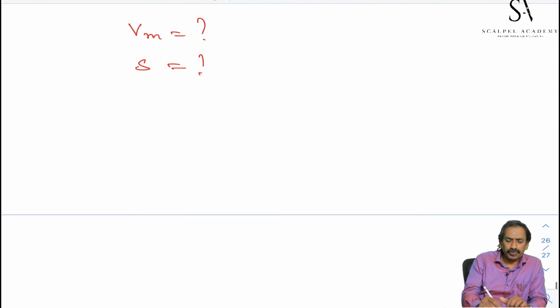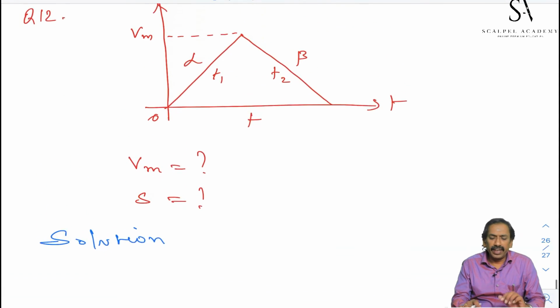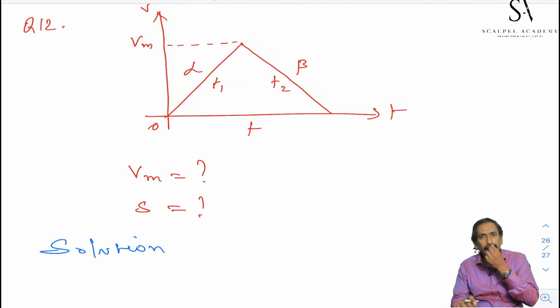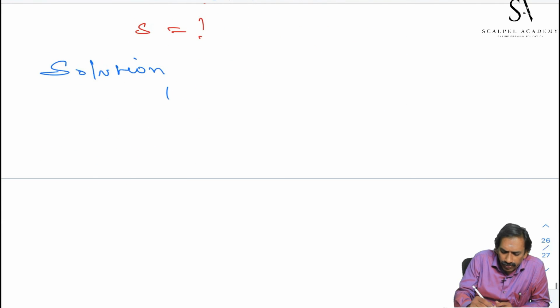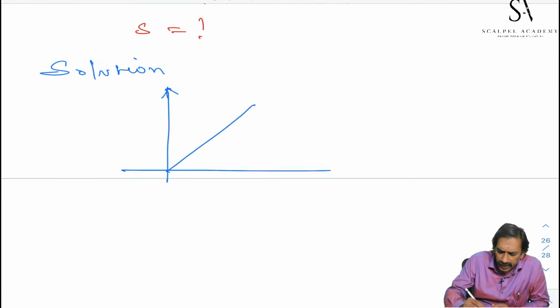Solution. In the VT graph, area under the VT graph gives the displacement. Let us take from 0 to t1 second. Here t1 second.